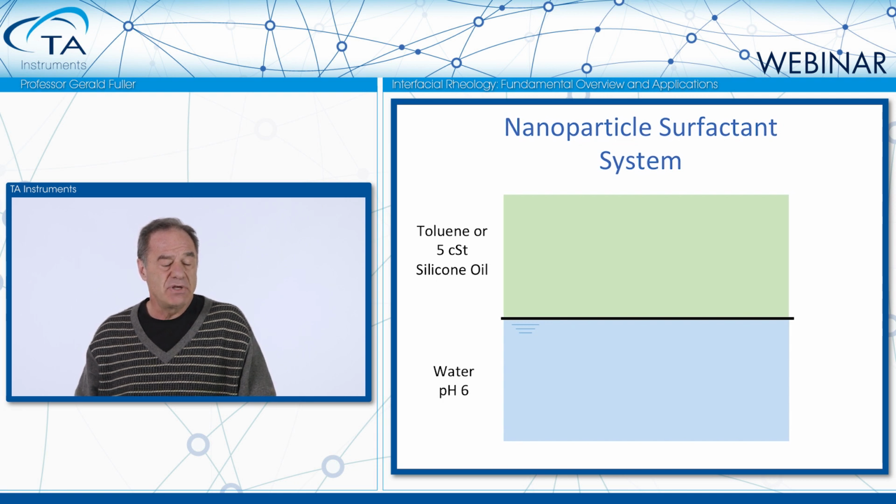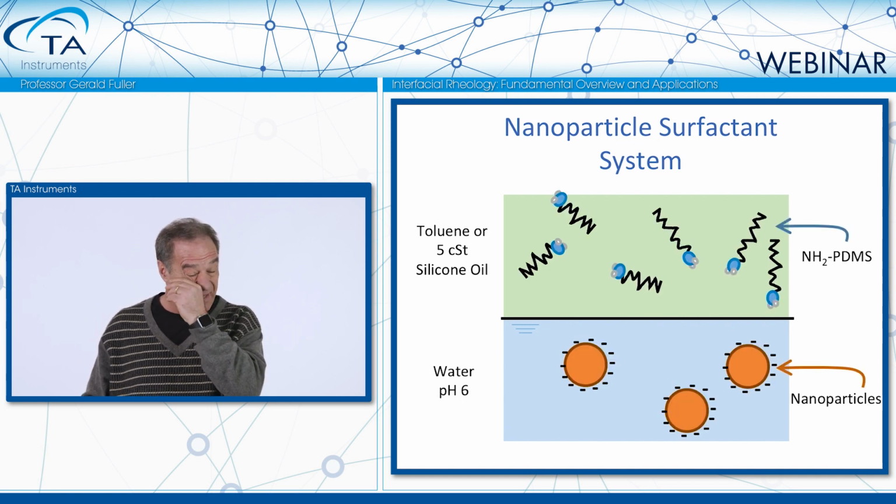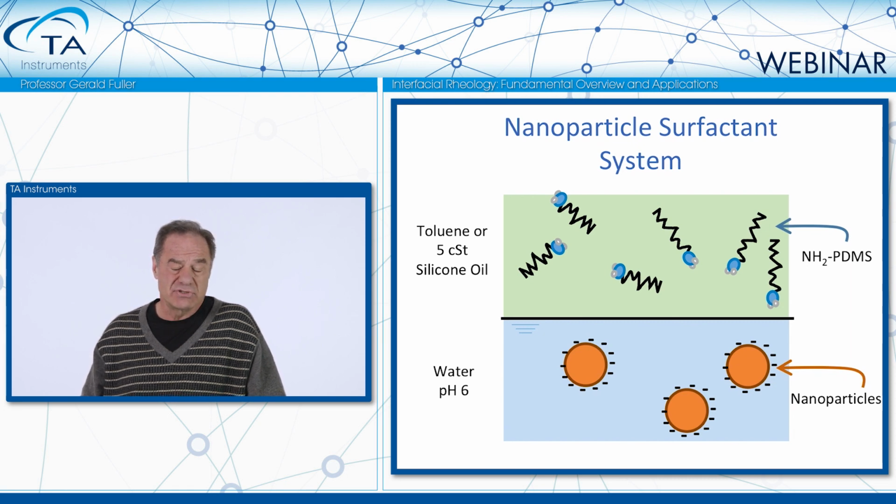So we have toluene or silicon oil, some oil phase, and in the bottom we've got water. And then in the oil phase we've got a surfactant, which is a chain of PDMS with an amine head group. The amine head group will tether it to the surface, and the PDMS tail will stick out into the oil.